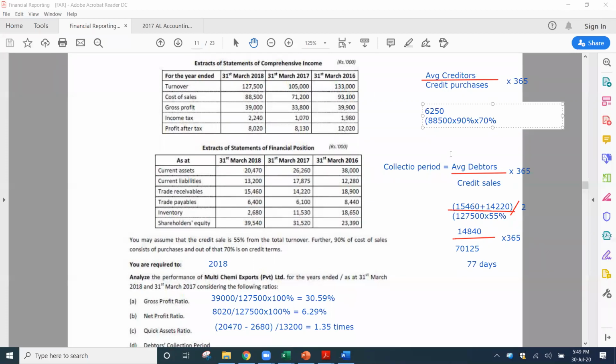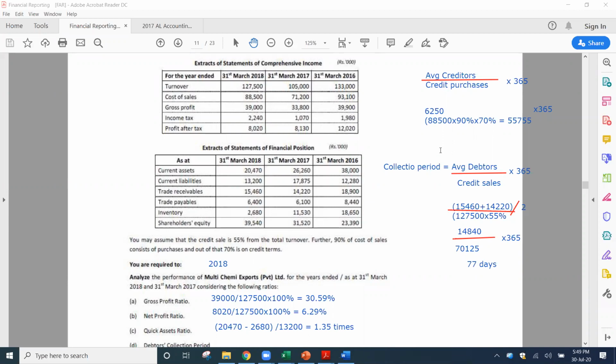So 88,500 into 90% into 70%, which equals 55,755, and multiply by 365.